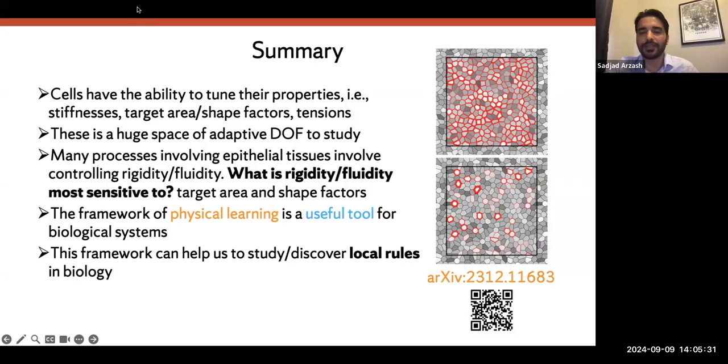Yeah, that's really a great question, Aki. It's true that the angle information is global information. That's why we're also doing gradient descent instead of just this local rule based on angle. But in the biology context, as I showed, everyone agrees that myosin and actin are concentrated on these specific oriented edges, and those are responsible for these edge tensions.